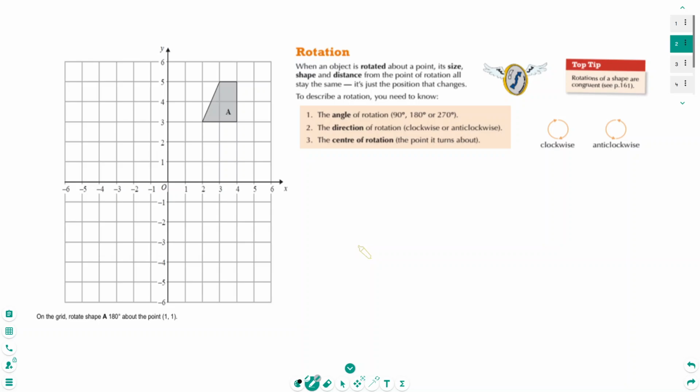In this example, we are going to do a rotation 180 degrees about the point 1, 1. The point of rotation is 1, 1. The angle of rotation is 180. So all the vertices of the original shape will move in a straight line because the angle is 180.